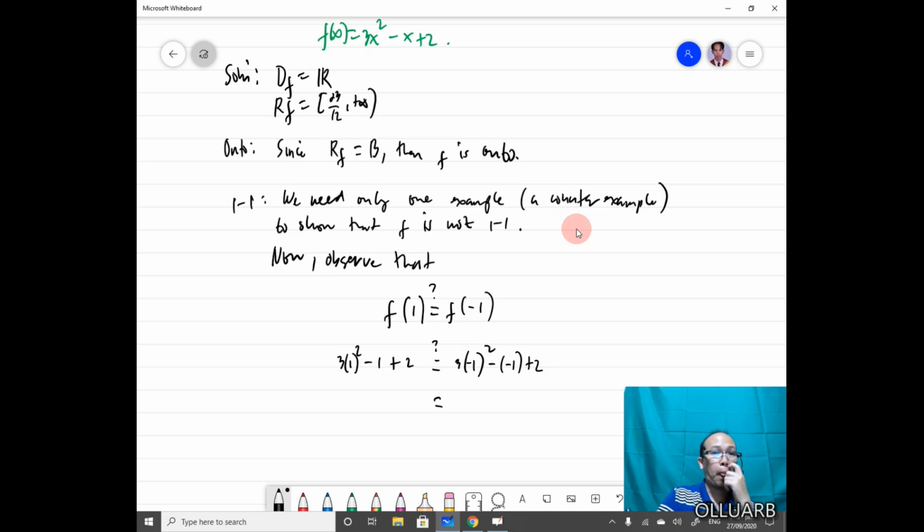Notice that the value is 3 plus 1 plus 2. This is 3, 4, 5, 6.